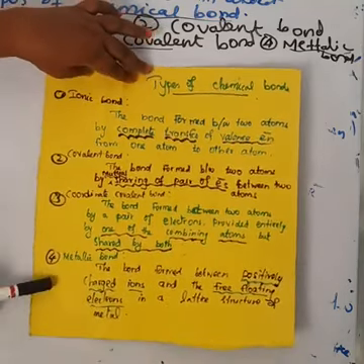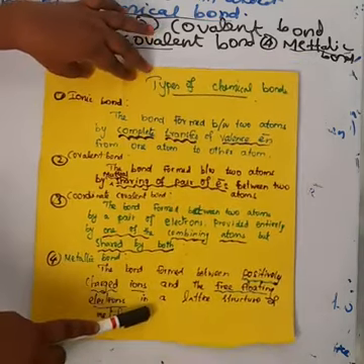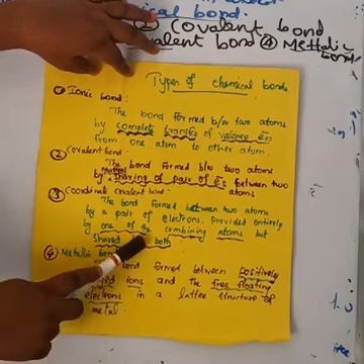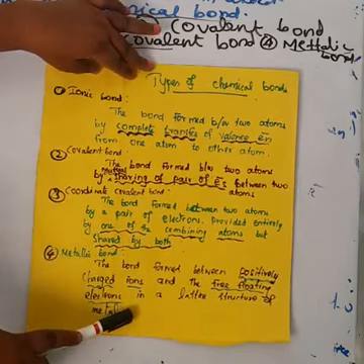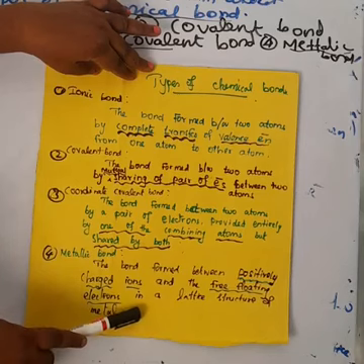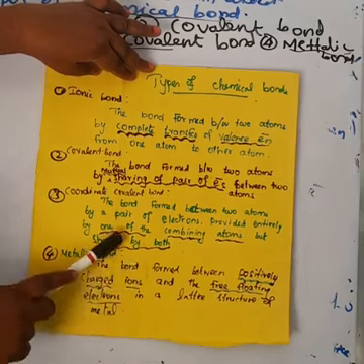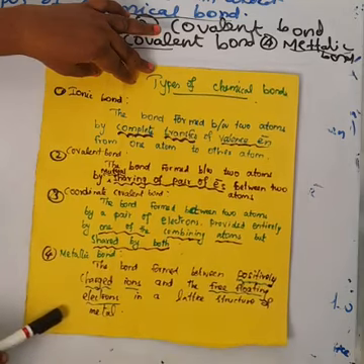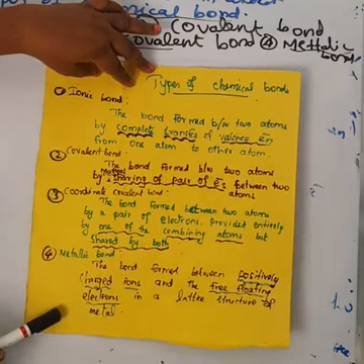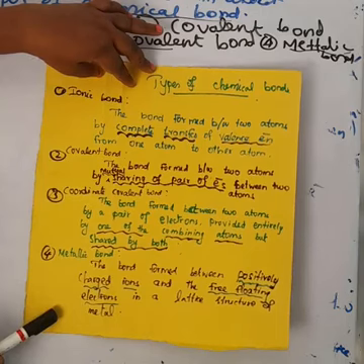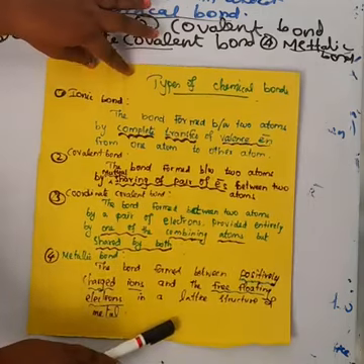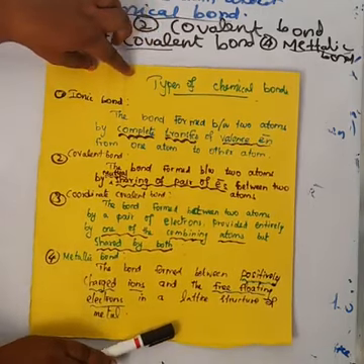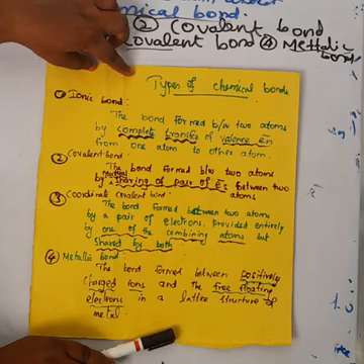Coordinate covalent bond means the bond formed between two atoms by sharing. Here also sharing takes place, but the pair of electrons is shared by only one atom. Covalent bond means both atoms are sharing.